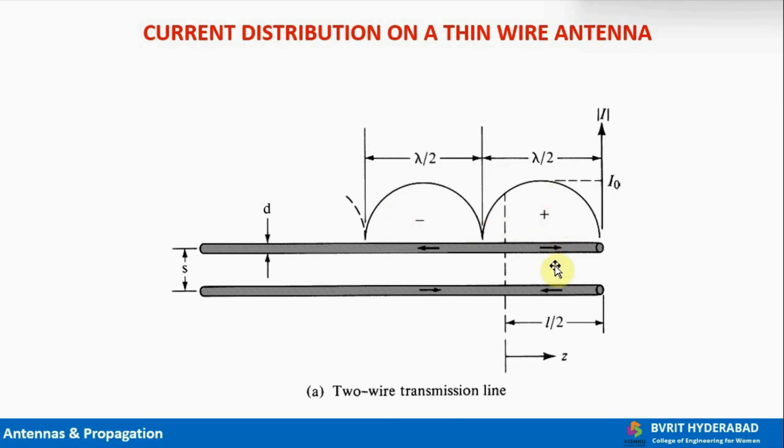Radiation from each wire individually occurs because of the time varying nature of the current and the termination of the wire. For the two wire balanced, that is symmetrical, transmission line, the current in a half cycle of one wire is of the same magnitude but 180 degrees out of phase from that in the corresponding half cycle of the other wire.